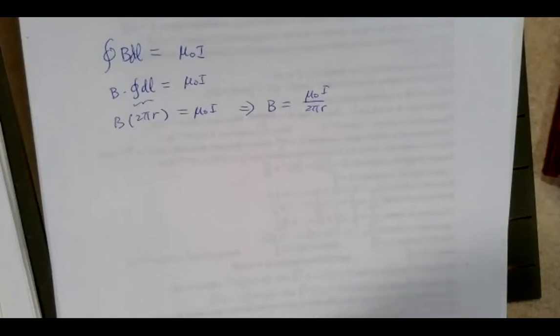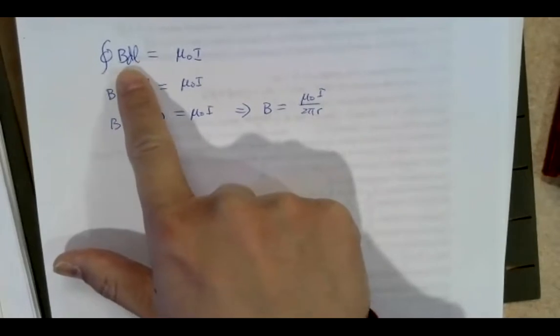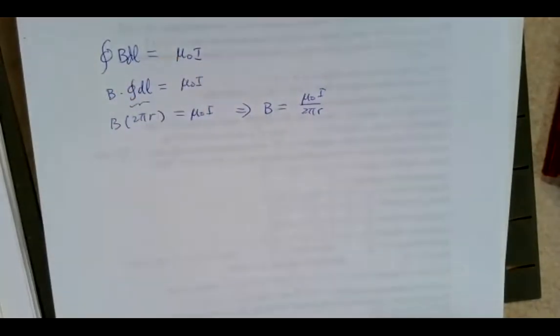You can do the integration to get this, or you can apply Ampere's law and get the result directly: integration through the closed path of B dot dl equals mu naught times I, in a couple of steps. Much easier. Similar to Gauss's law, when you apply it to find electric field, it's much easier in some cases.